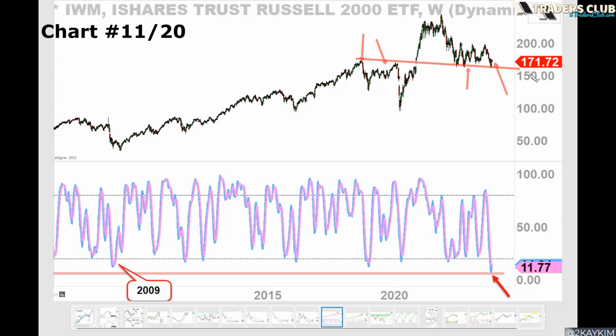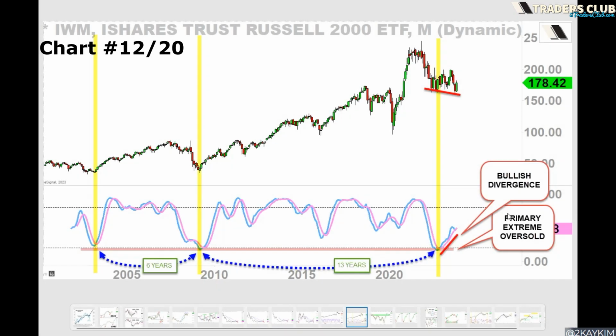Now that the entire market is seemingly breaking out and everything is overpriced, if you look at Nvidia up 300%, the NASDAQ, semiconductors, these guys are flying. So where can the value investor look for something of value? Well, this is also the Russell 2000, another chart. This is the updated chart with the monthly bullish divergence. As you can see, we're seeing a signal we haven't seen in 13 years.